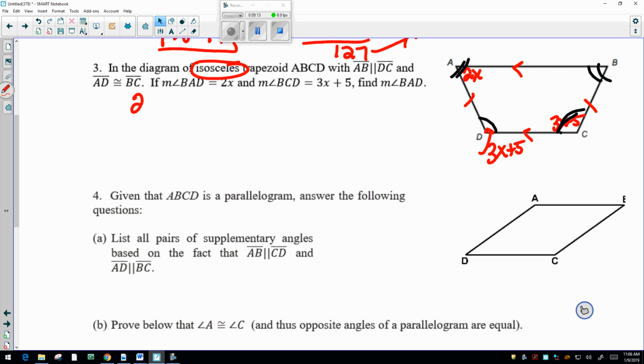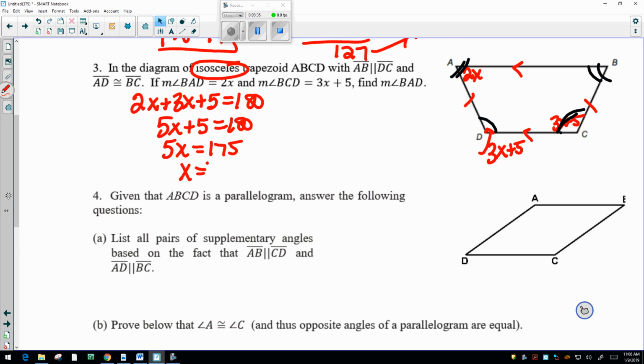Those angles are supplementary. So if I add them up, set them equal to 180, we can solve for x. So if we combine like terms, I have 5x plus 5 is equal to 180. And if I subtract 5 from each side, I get 5x equals 175, which means x is 35.